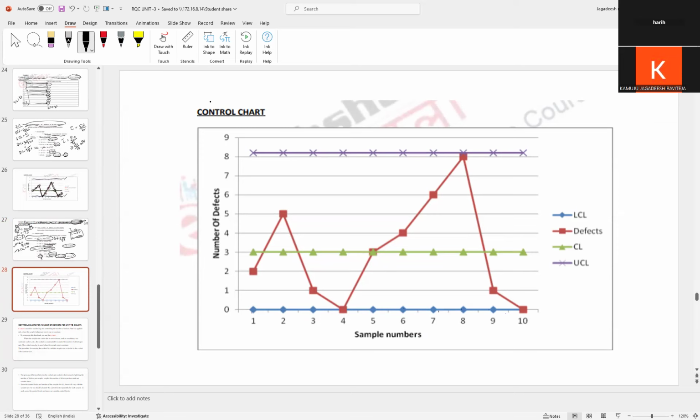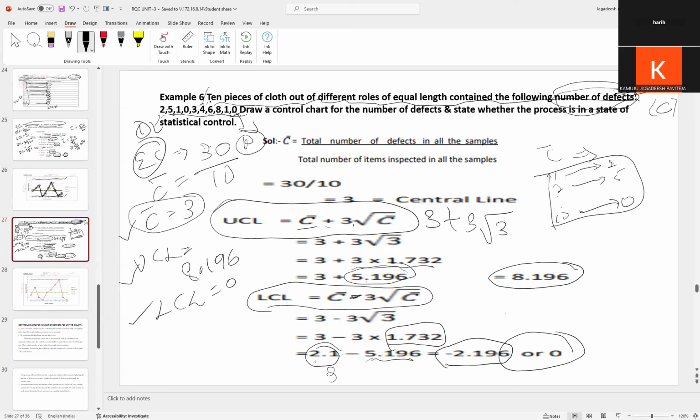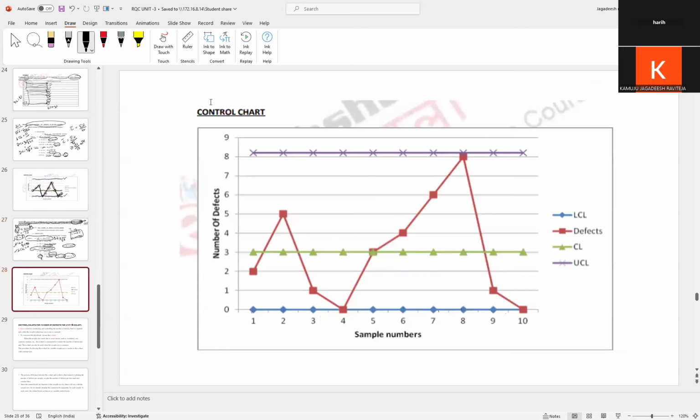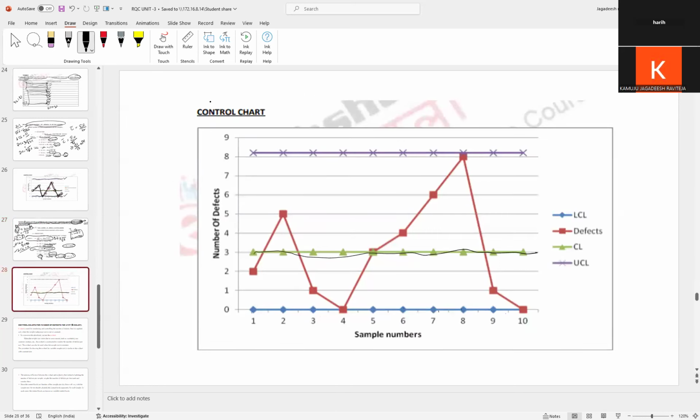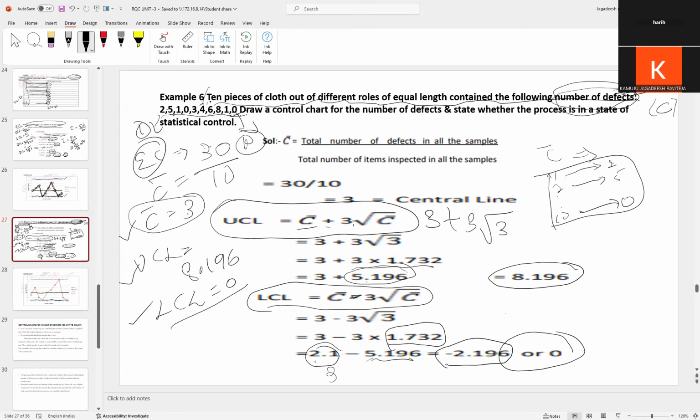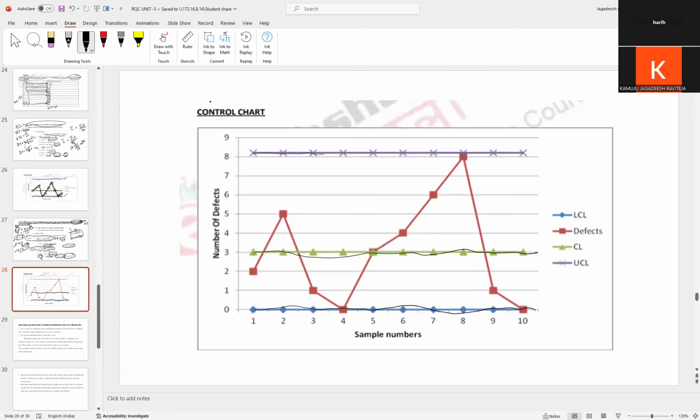First draw the center line. Center line is 3. The lower control limit is 0. Next, the upper control limit is 8.196.